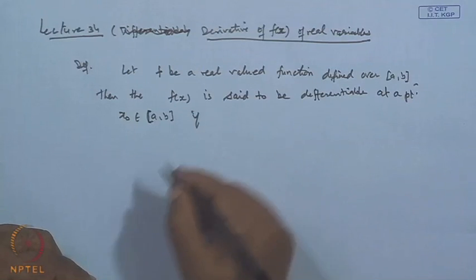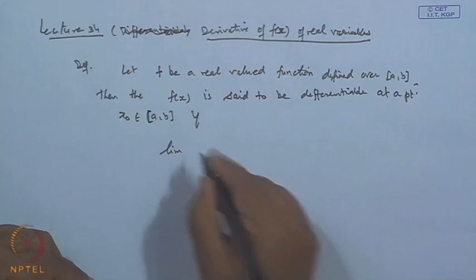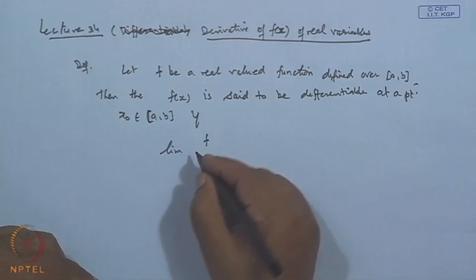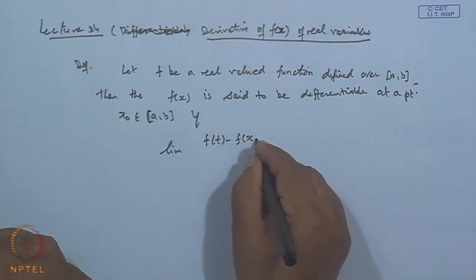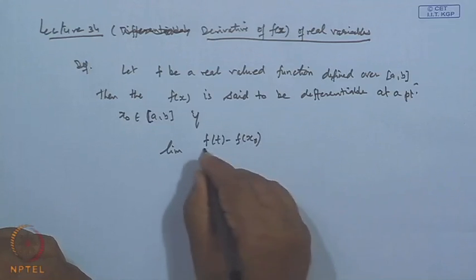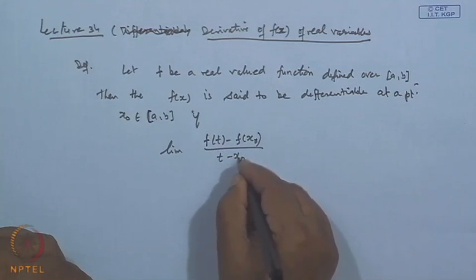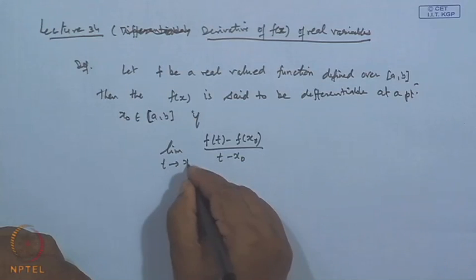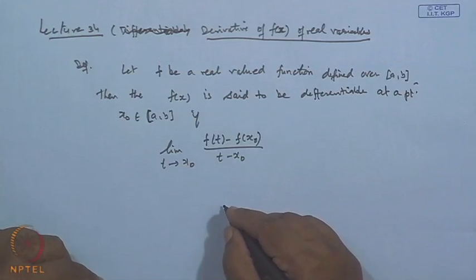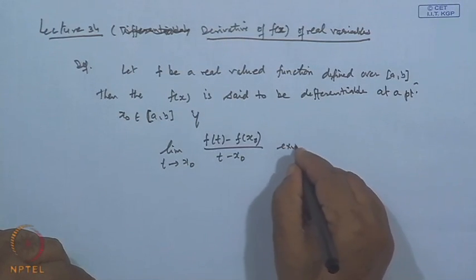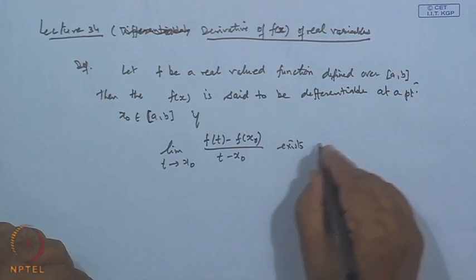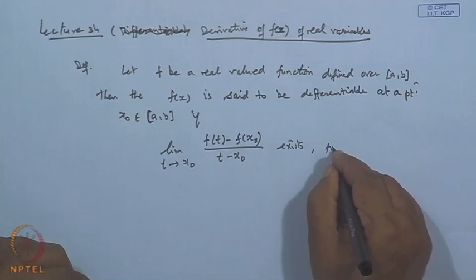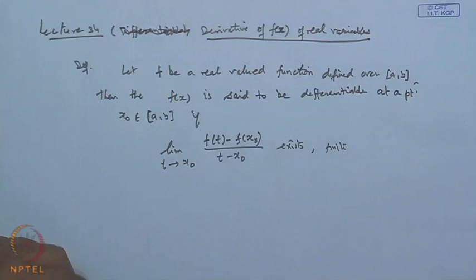if the limit of f(t) minus f(x naught) divided by t minus x naught, as t tends to x naught, exists and is finite.